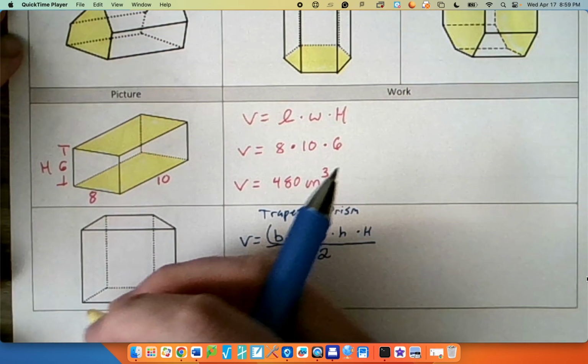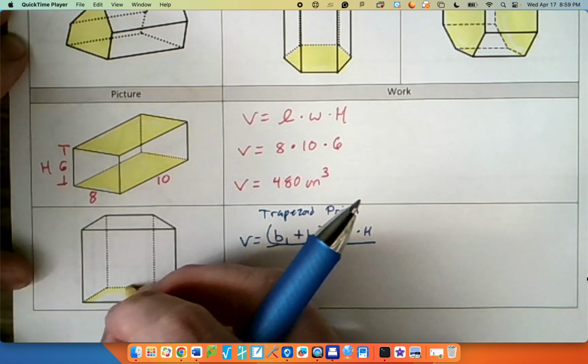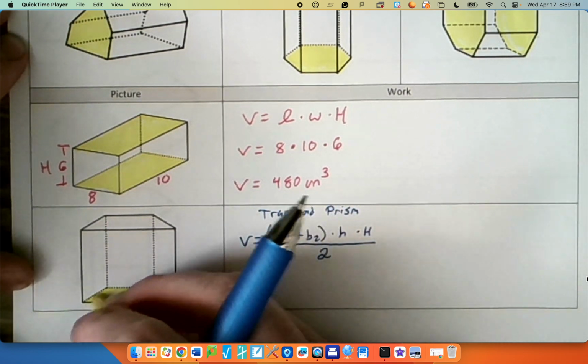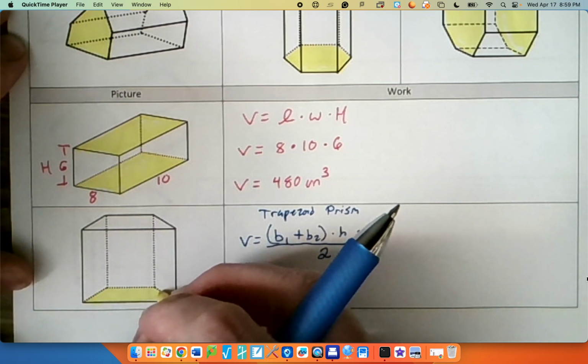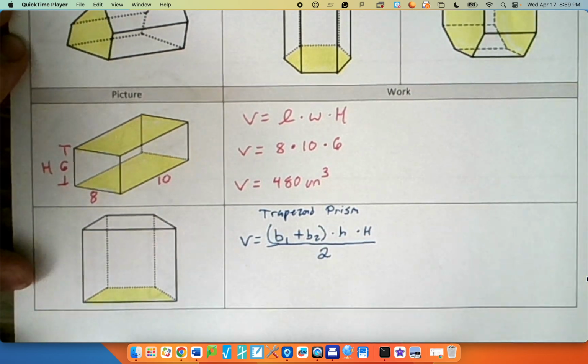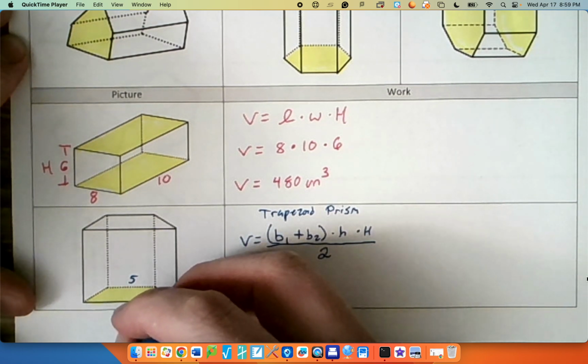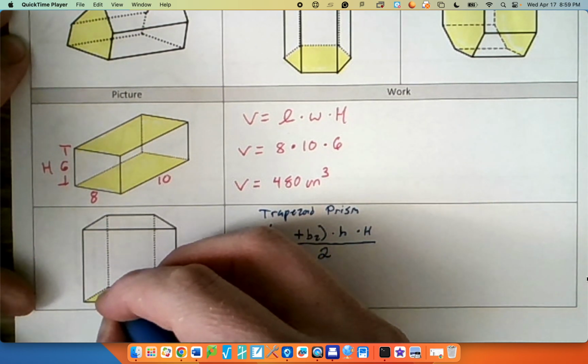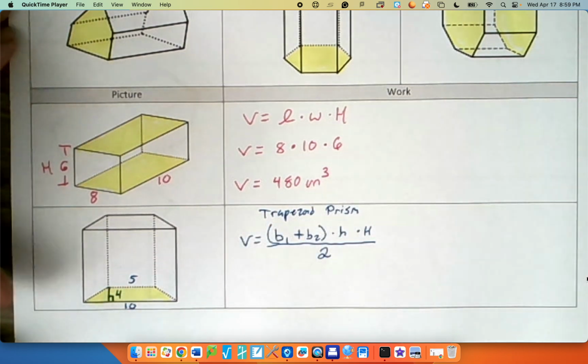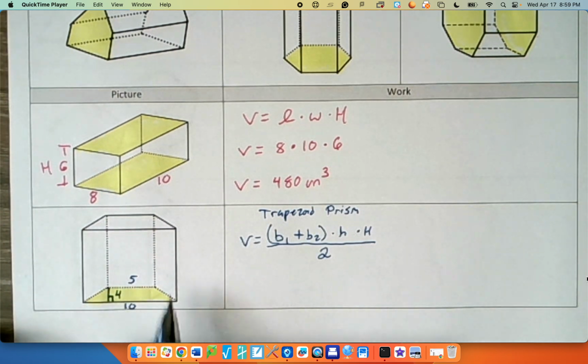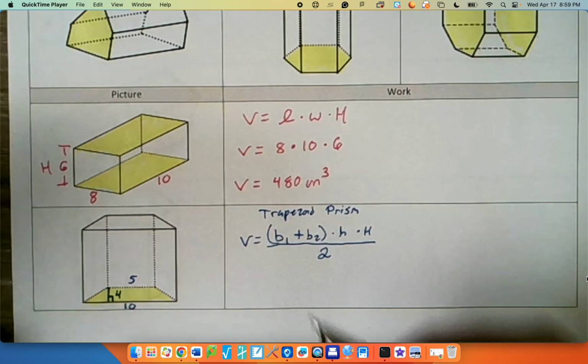Jumping over here, with the trapezoidal prism, all we care about is the trapezoid itself. This side is 5, this side is 10, and this distance right there is 4. Those 3 numbers are only about the trapezoid.